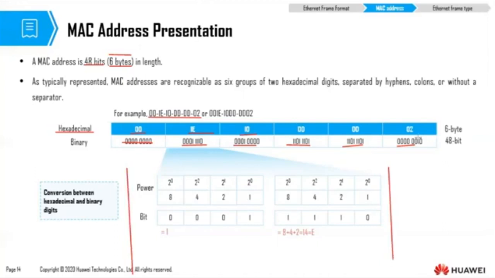Normally that is how we write MAC addresses. Between each of the 6 groups, we can separate them using hyphens, like what we've used here, or we can use colons, or we can write them without any separator. But the most common format is by using hyphens.